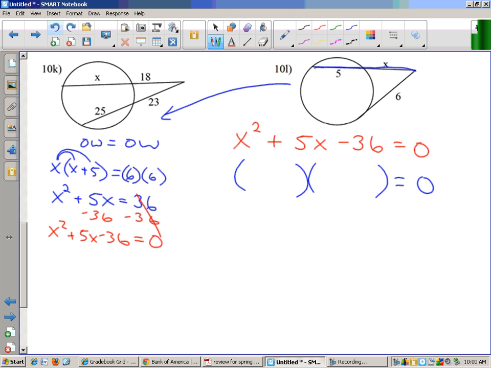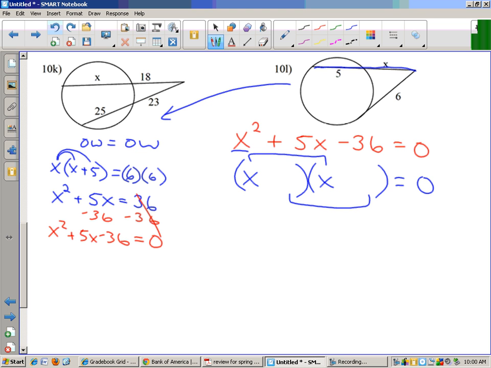But when you did FOIL, you started with first times first. So what had to go in those positions to give me x squared? X times x. Okay, so next we had to do outside and then inside, and those always went together. And then we did last, which would be just number times number.